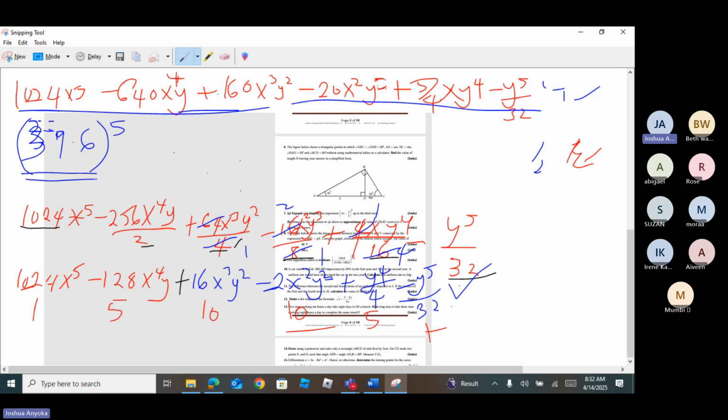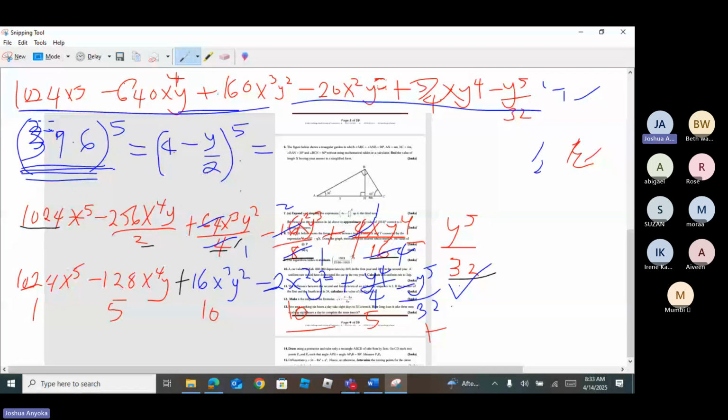What did we expand? We expanded 4x minus y over 2 raised to power 5. Here is the art of doing this thing. We must get back and check on what we relate the two. How can we express 39.6 to give us terms, probably the one that can give us something that can be expanded easily?